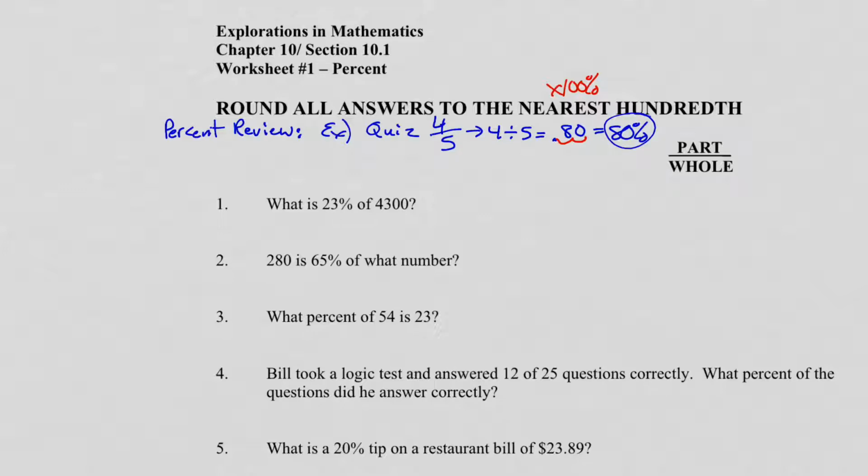So no, that is not an A, that is a B. Because actually, if you think about it, every question is worth 20 percentage points. So if you miss one, that's automatically a B. So you want to divide the fraction, get the decimal, and then move it to the right.